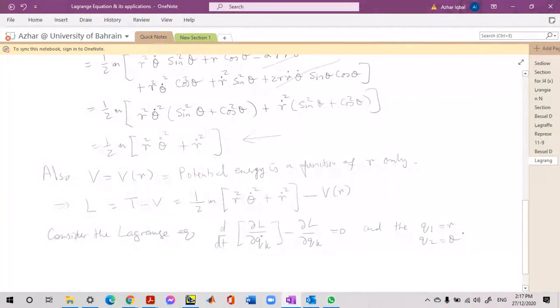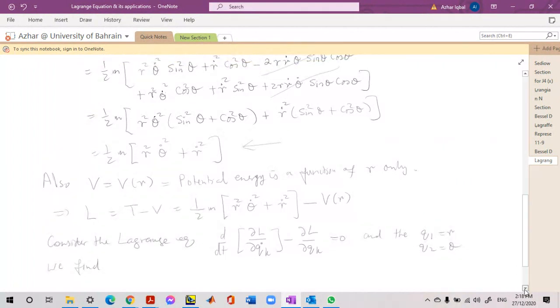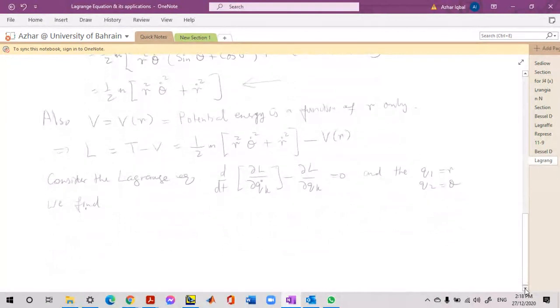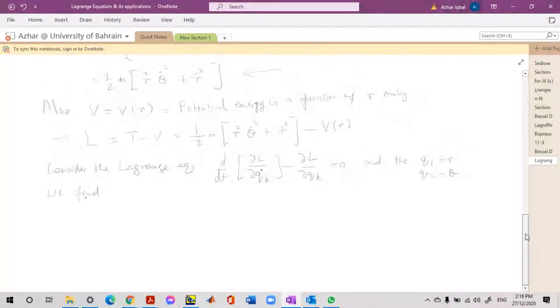So with reference to the Lagrange equation, since your generalized coordinates q1 and q2 are r and theta, we have partial L over partial q dot and also partial q.